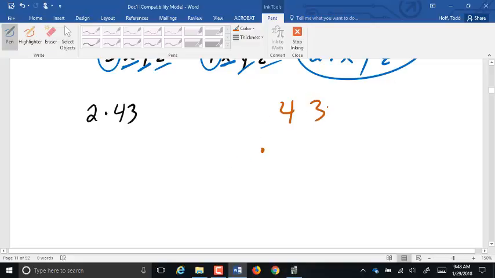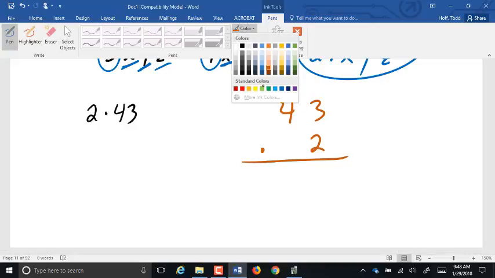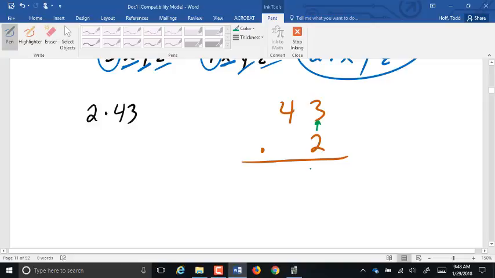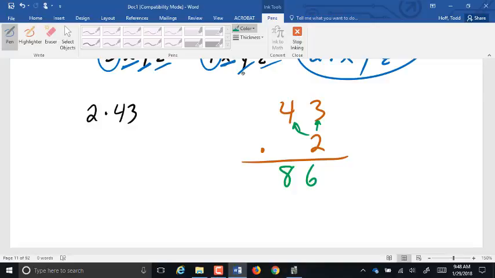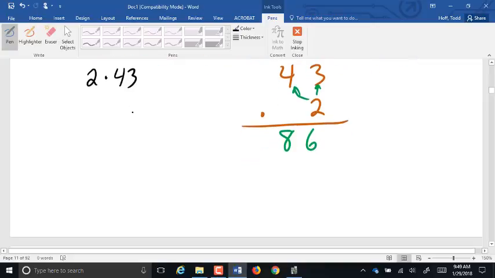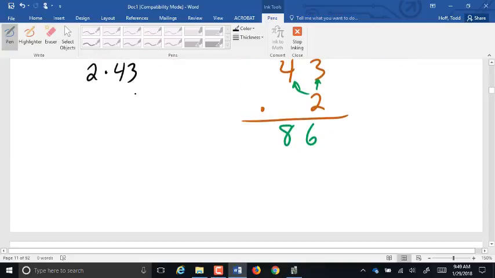Usually the number with the most digits goes on top. 43 times 2. We did 2 times 3 is 6, and 2 times 4 is 8. 43 times 2 is 86. Now, I purposely did that one so there was no carrying in it, but you guys hopefully know where the carrying comes into it. The reason I did that one with no carrying is we don't carry in algebraic numbers.